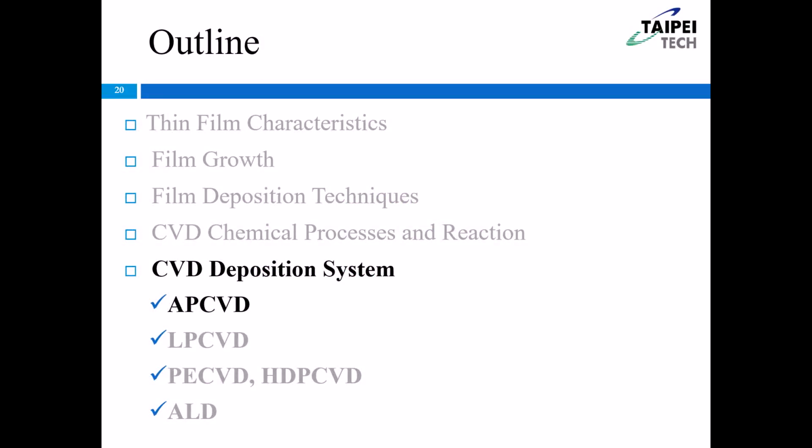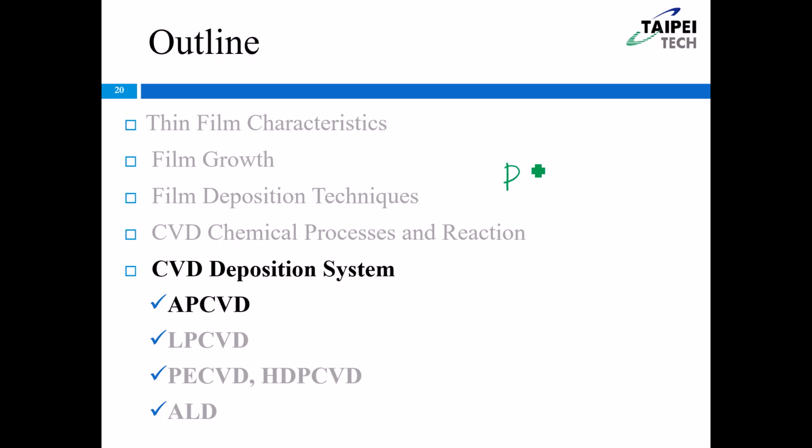Okay, right now we are going to talk about different kinds of CVD. Because in industry, as we mentioned, over 90% of the thin film deposition is by CVD. So that's the reason we only talk about CVD. But I also need to show you PVD.